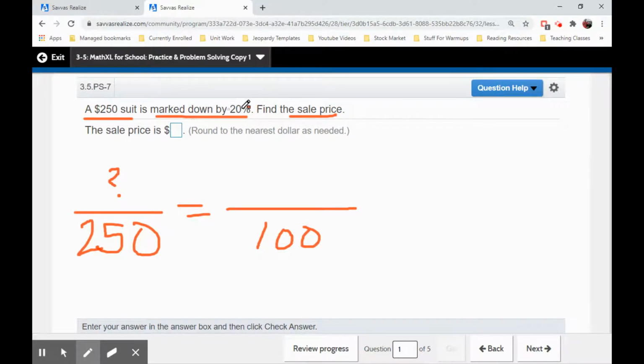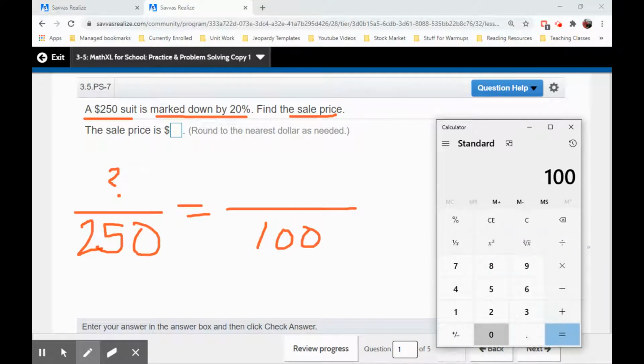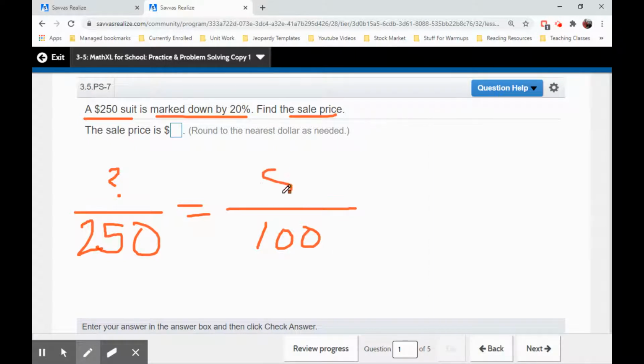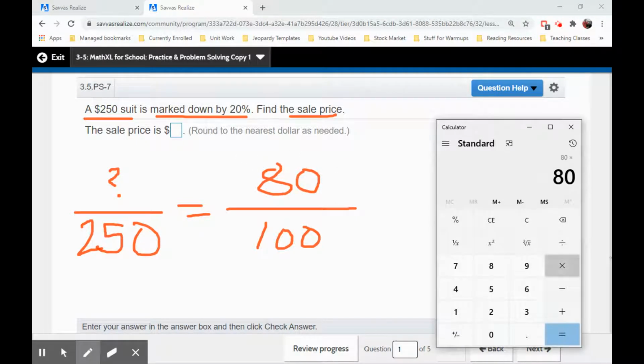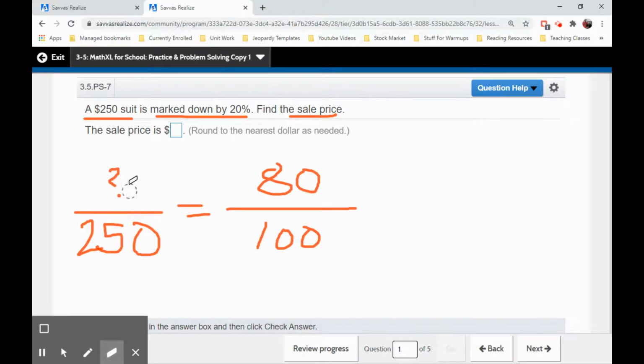We need to figure out if we start at 100%, the original cost of the item, and we go down 20%, where do we end up? Okay, and so we take 100 and we go down 20, we take 20 away from it, and we end up at 80%. So if an item is marked down 20%, you pay 80% of the item. Once we're here, we can cross multiply and divide, 80 times 250 divided by 100, and we get that the new item costs $200.